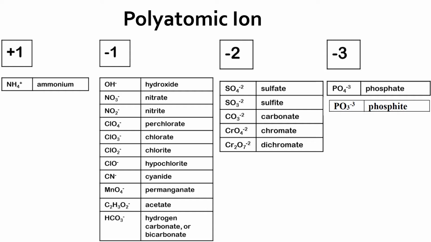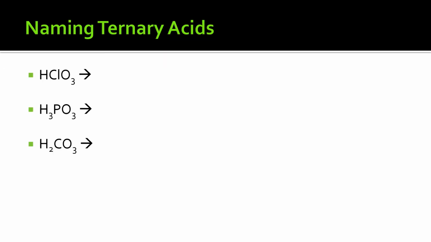Here's a list of the polyatomic ions that was in your first semester spiral. If you lost that spiral or can't locate that page, here it is again. These are the common ones we will see, and this will help us name acids. The first step to naming ternary acids is to look at the polyatomic ion.